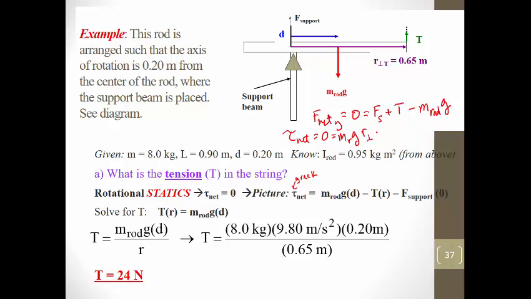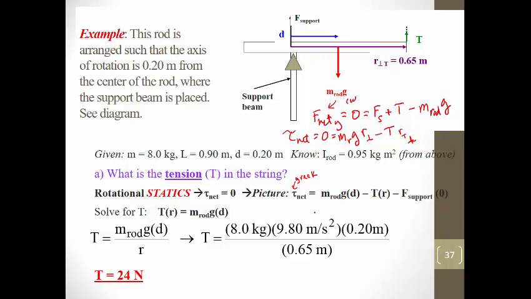And then that's clockwise, so we'll say that's positive. The support goes through the axis of rotation, so no torque is caused by that. And then I have my tension, which also has a perpendicular lever arm, T perpendicular.